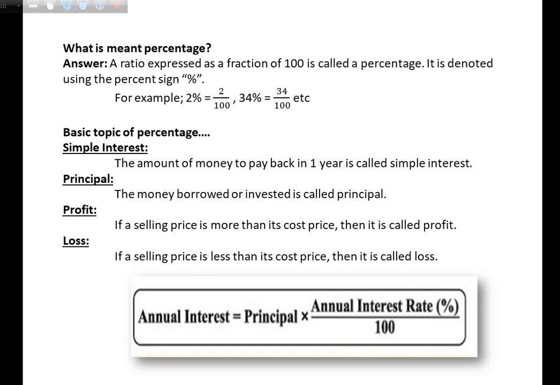Here I means annual interest, P equals principal, N is the period or time for which the principal is used, and R is the rate of interest. If the rate of interest is expressed as R by 100, then the equation is also correct: annual interest equals principal into time into annual interest rate by 100.